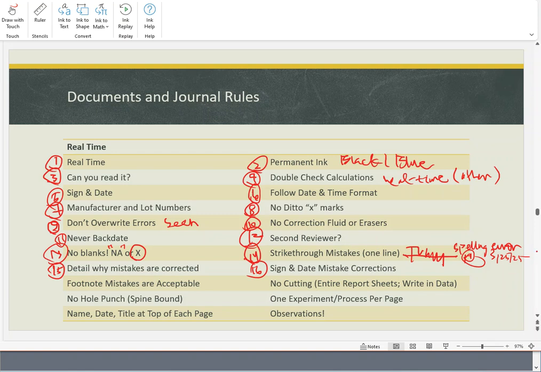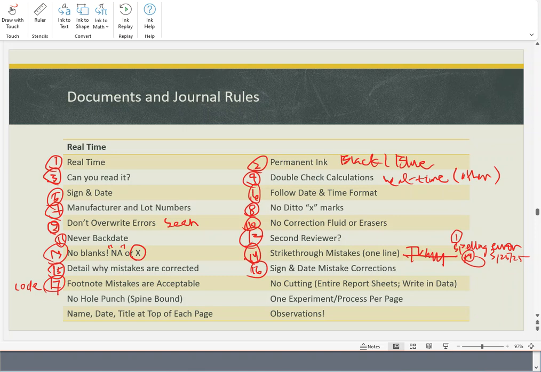Number 17, if you find yourself making common mistakes all the time, you are more than welcome to footnote. Typically, companies are okay with this, and a footnote is more like a code. So instead of writing spelling error, I can just write 1 and circle it.